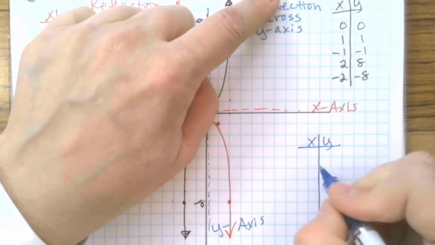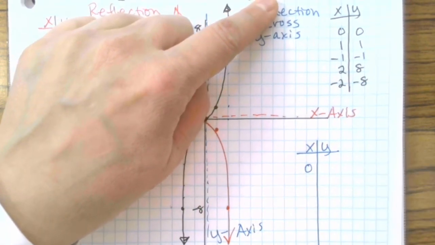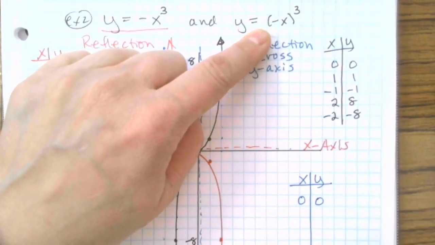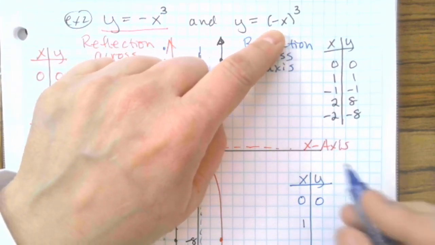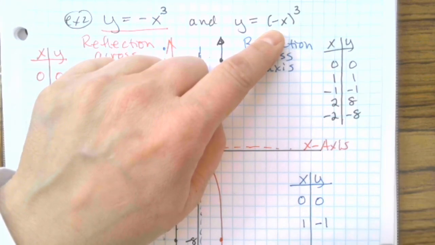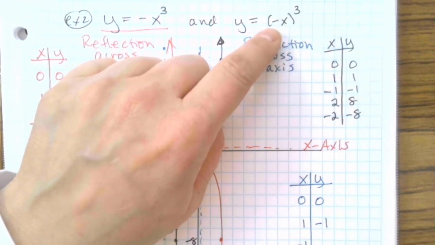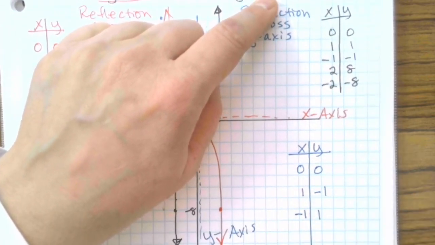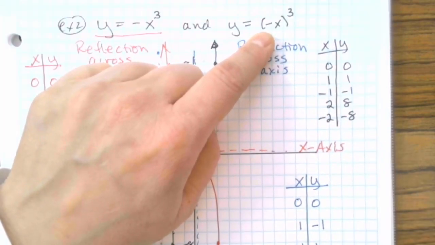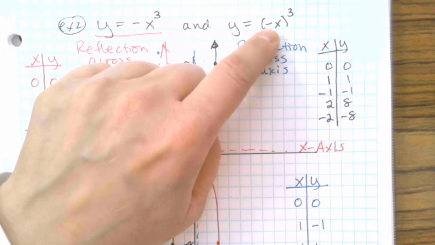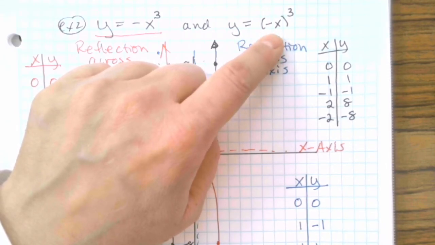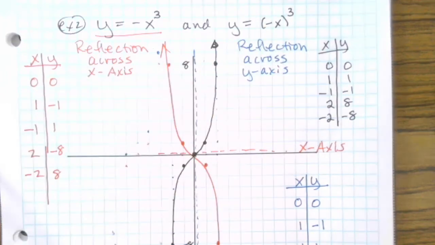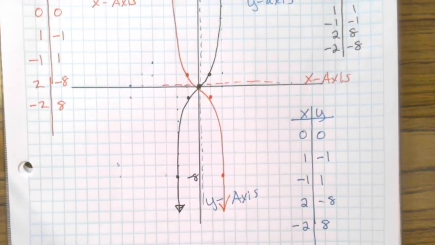So if x is 0, negative 0 is 0, cubed is 0. If x is 1, it's being multiplied by a negative 1, and negative 1 cubed is negative 1. Now negative 1. Negative 1 times a negative is positive 1, cubed is 1. Now positive 2. 2 times a negative is negative 2. Negative 2 cubed is negative 8. And the last one, negative 2 times a negative is positive 2. Cubed is positive 8. So there we have our points.